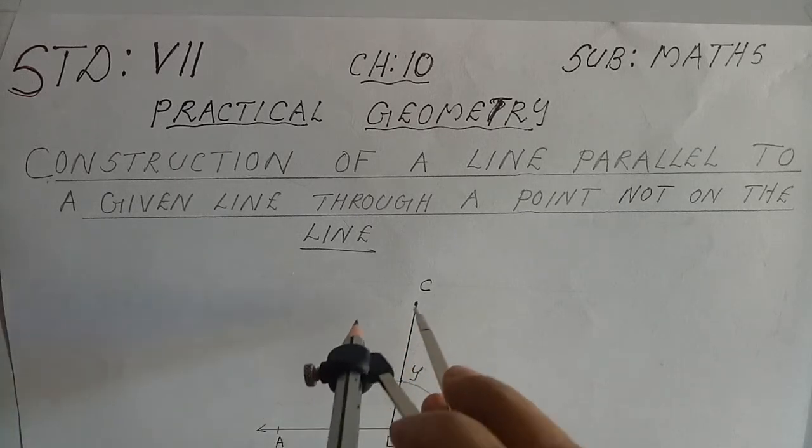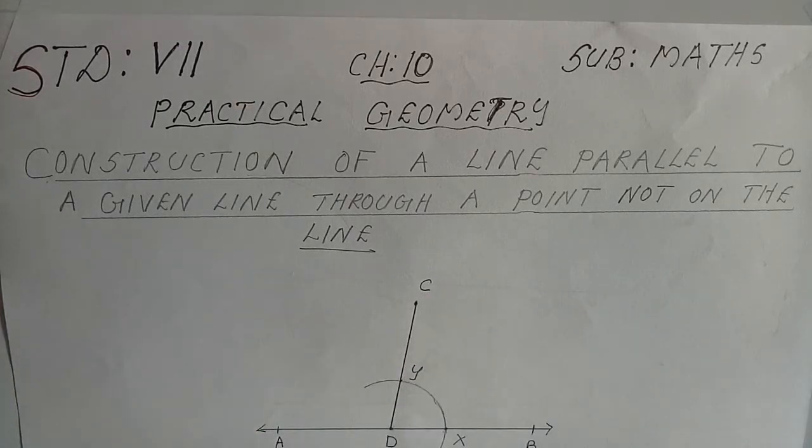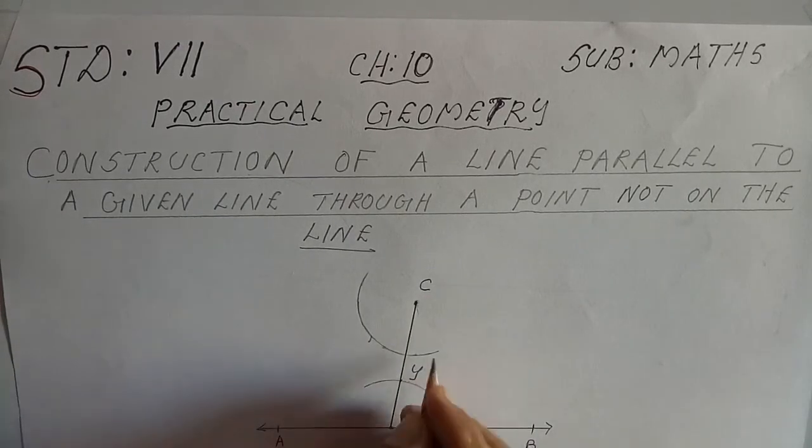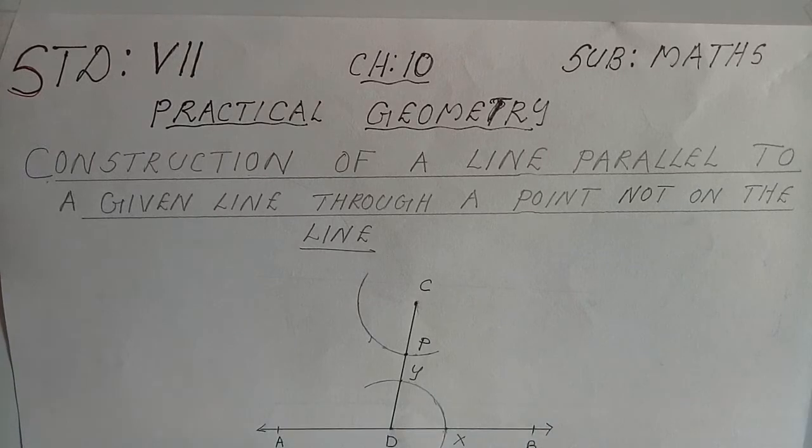So keep it here and then you draw one arc. Let this point be marked as P.